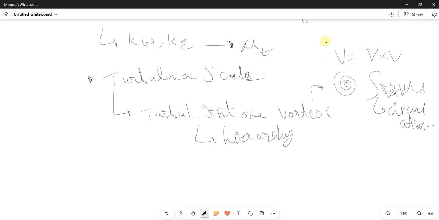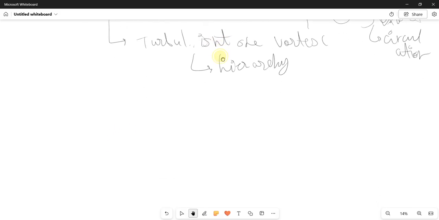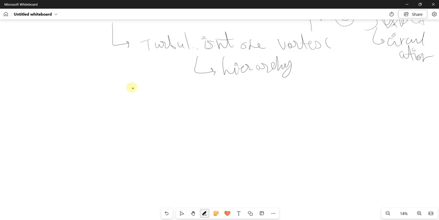If I calculate vorticity over a whole loop, the line integral over this line is your circulation. And your vorticity is your curl of velocity, that is your grad cross v. So turbulence is not one vortex, it's a hierarchy of vortices, right? So this hierarchy is resolved like this.